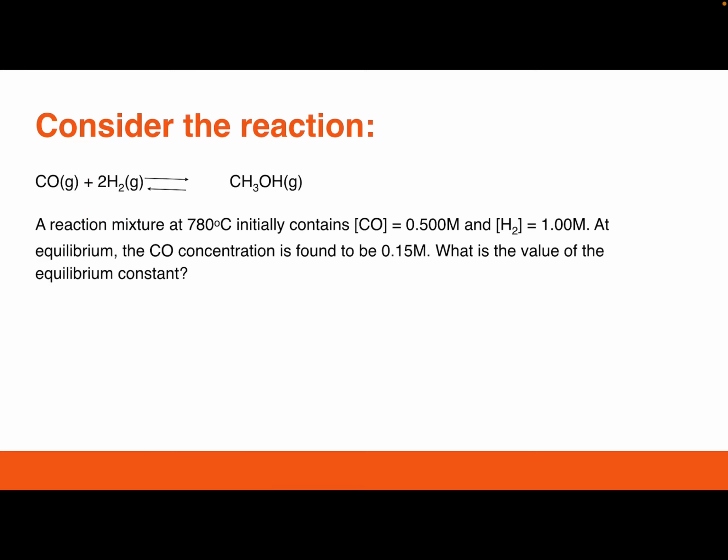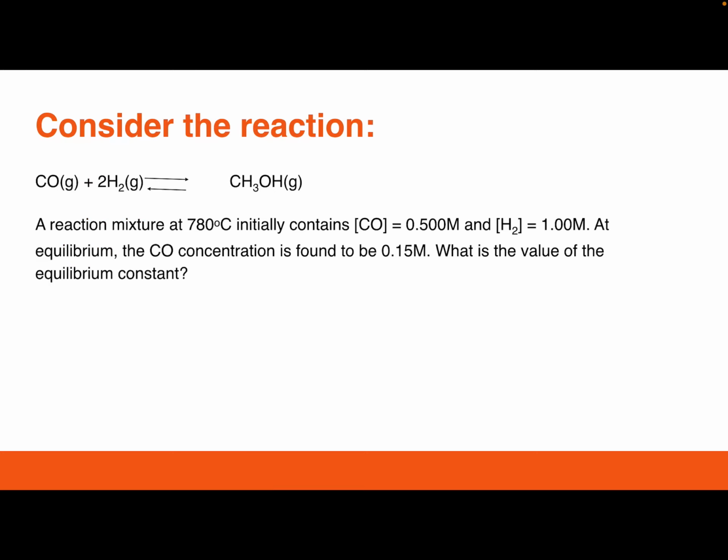You have carbon monoxide and hydrogen going to CH3OH, a little methanol there. You have it at 780 degrees Celsius. That does not matter other than the fact that, as we'll learn later, the equilibrium constants change at different temperatures. So we have an initial concentration of carbon monoxide of 0.5 and hydrogen of 1.